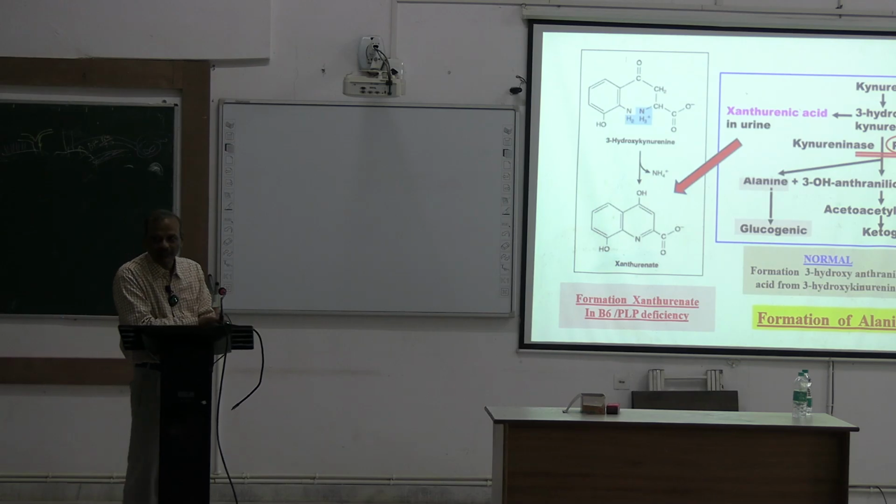A question can again be asked: why is xanthurenic acid present in vitamin B6 deficiency? Explain, justify. These are the questions that will be asked from tryptophan metabolism, not straight-cut questions. Xanthurenic acid is found in urine in vitamin B6 deficiency, or in case of kynureninase deficiency, when the enzyme cannot work.